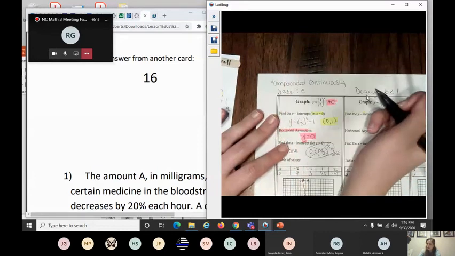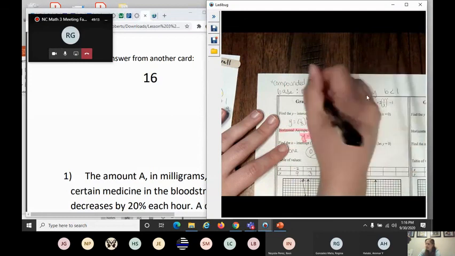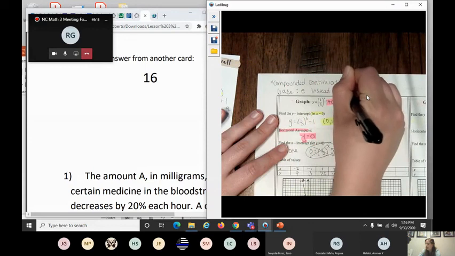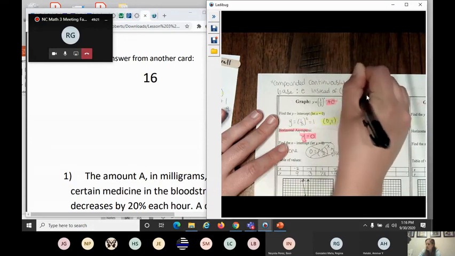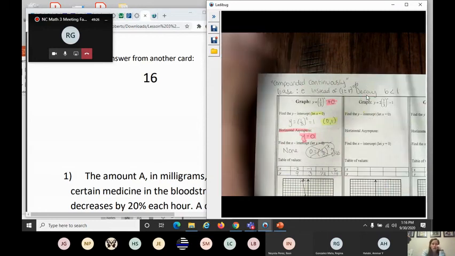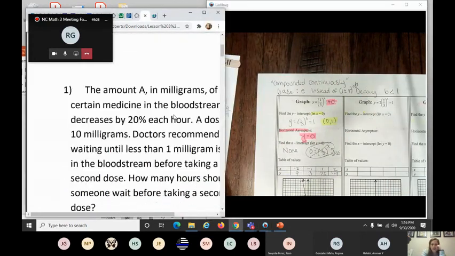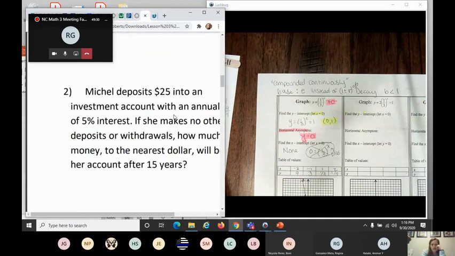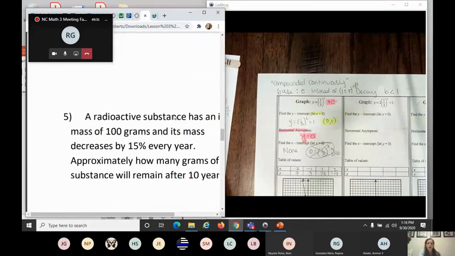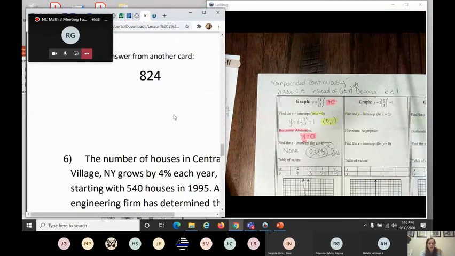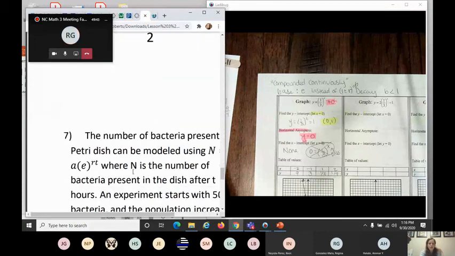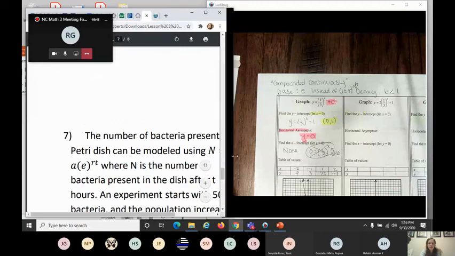It's a number, like 2.71, instead of 1 plus or minus our rate, which is our b value. If it says compounded continuously, or if it's talking about, let me find an example. It's also with population growth. Here we go. In this problem, it's talking about the population growth.